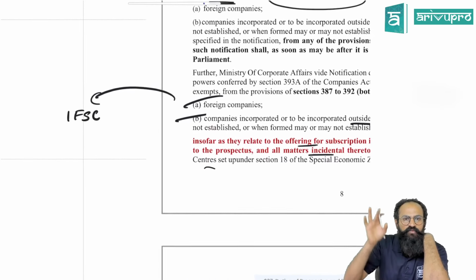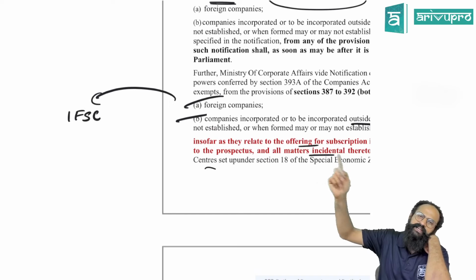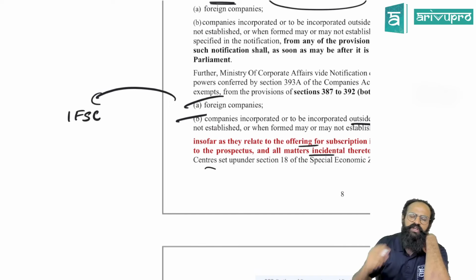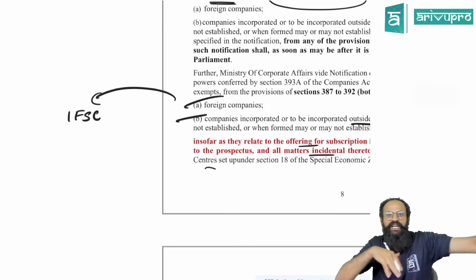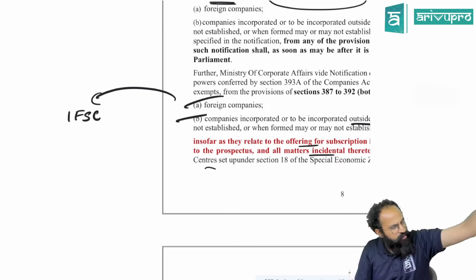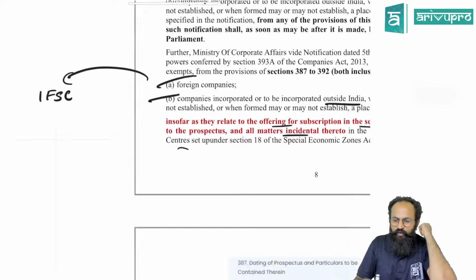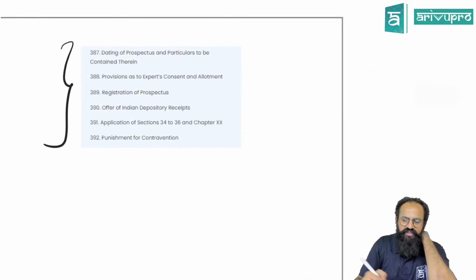Sir, then people, the foreign companies or companies incorporated outside India or which is in the process of incorporation, if they are issuing their securities in IFSC, they can set up a company or no? Yes, they can set up. Sir, now they need not follow these sections.